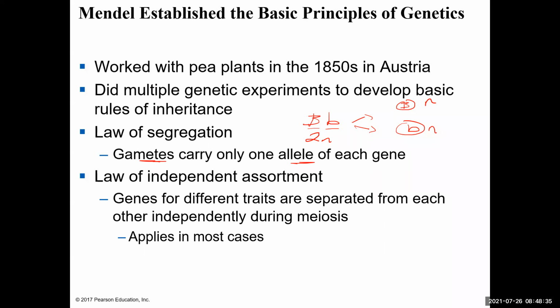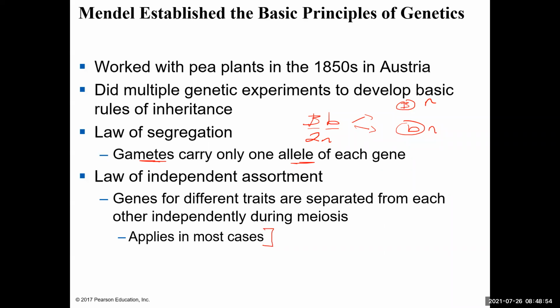There you go. The second law is independent assortment. And this basically says that if you have genes for different traits, they separate from each other independently during meiosis. Now, this applies in most cases, and we'll talk about when this doesn't apply later on.